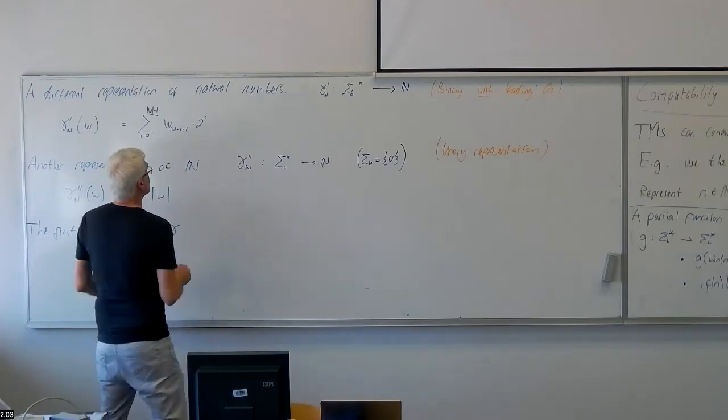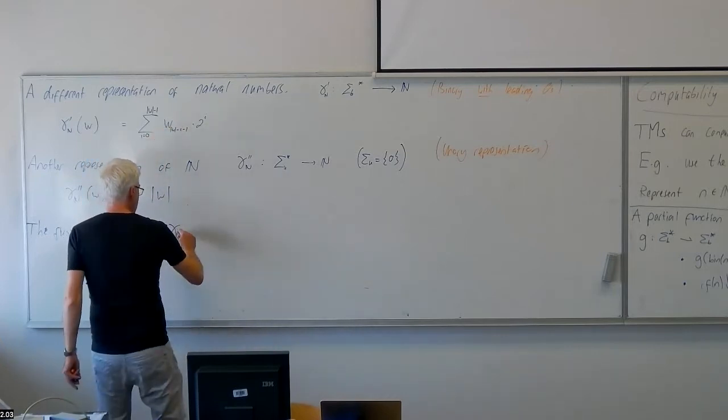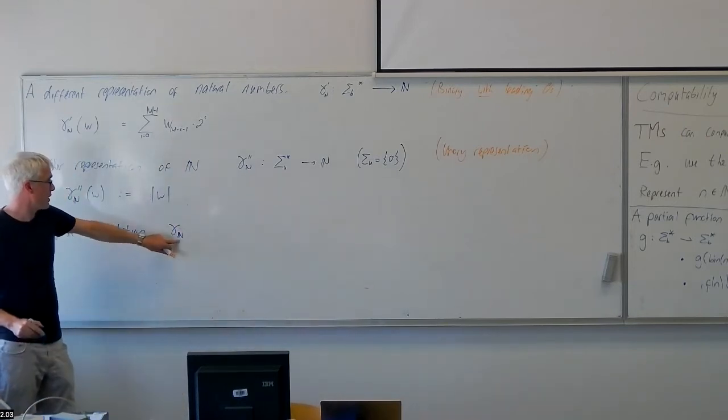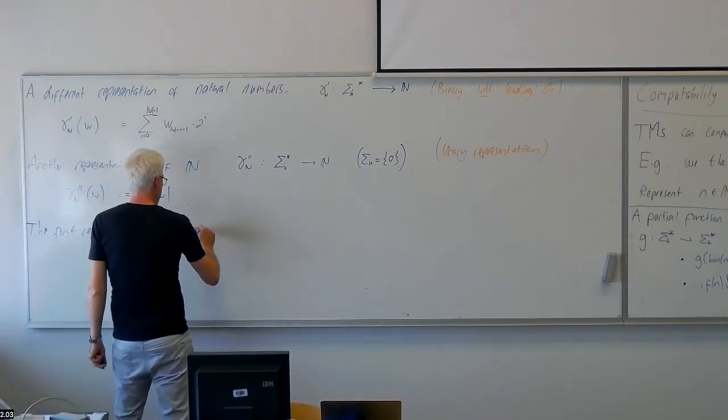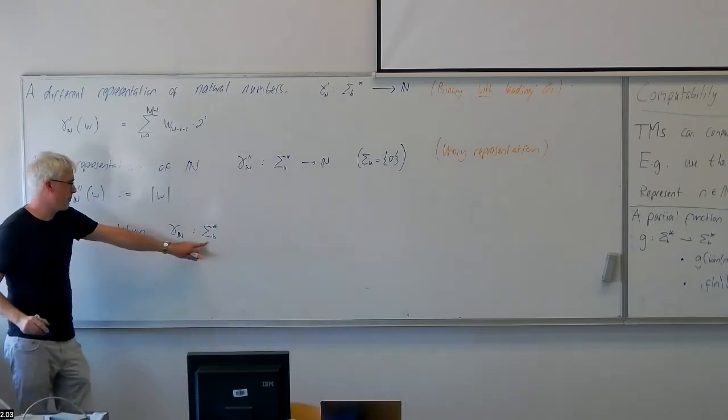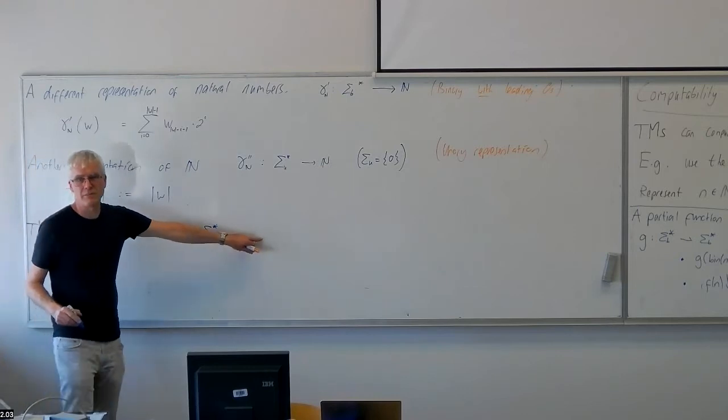So this is why I was using the primes here. I'm going to keep our original representation as the kind of canonical one, so to speak. So this is our chosen representation for the natural numbers. This is again a binary representation. We now want to map binary words to the numbers they represent.